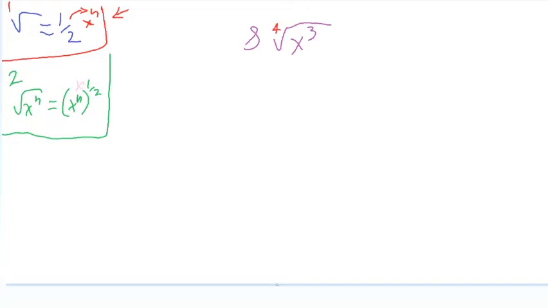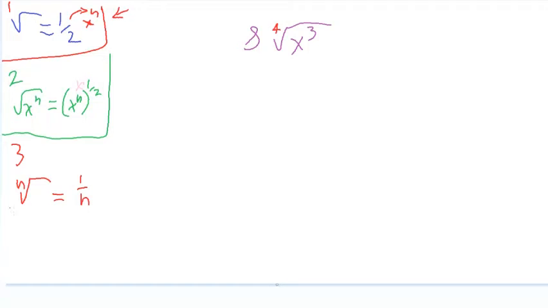Now that gives us the third rule. The third rule is that if there's a number in the square root, that number now becomes the denominator.